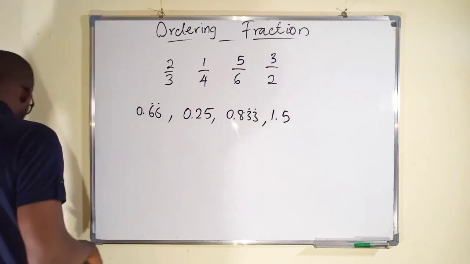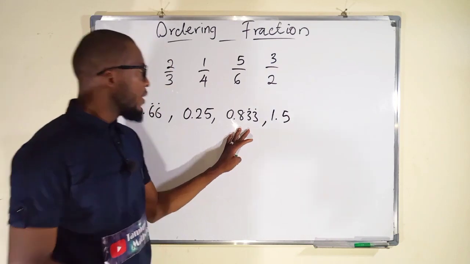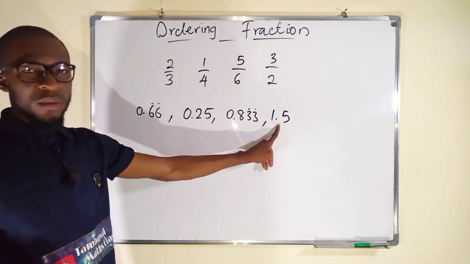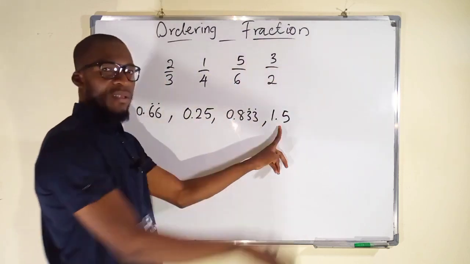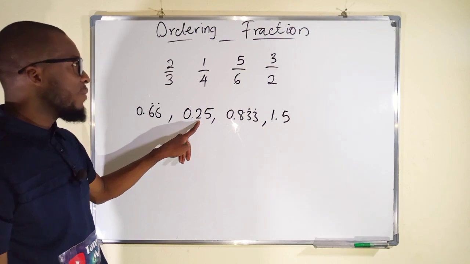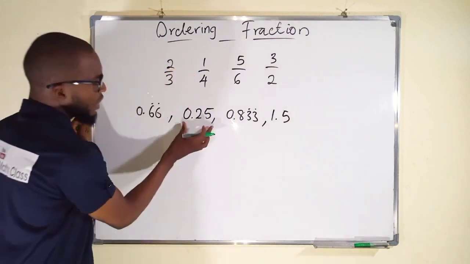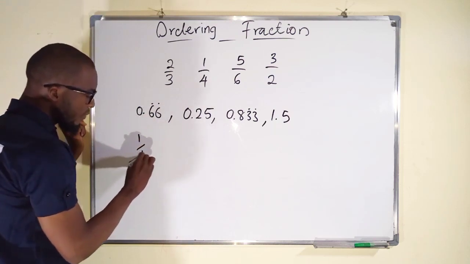It is left for us to identify the biggest decimal number here. The biggest decimal number here is 1.5, and therefore we consider this one as the biggest. And the least here is 0.25, which is 1 over 4. So we can say this is the smallest, which corresponds to 1 over 4.